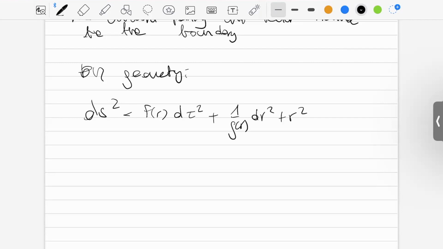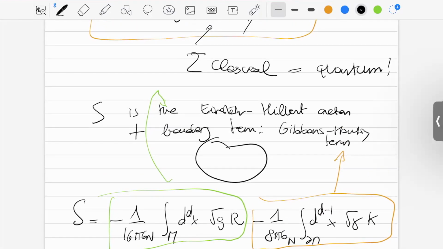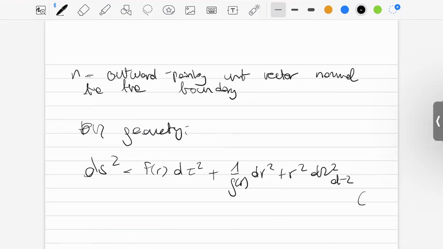You can think of it as the Schwarzschild solution, for example, the usual metric in d dimensions. So we have a spherically symmetric metric, and it is the background for the black hole.